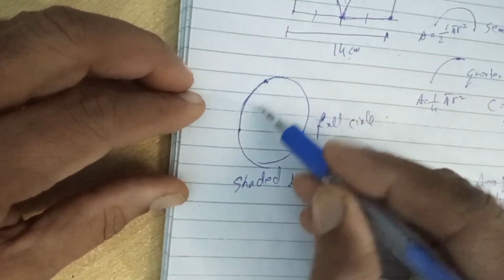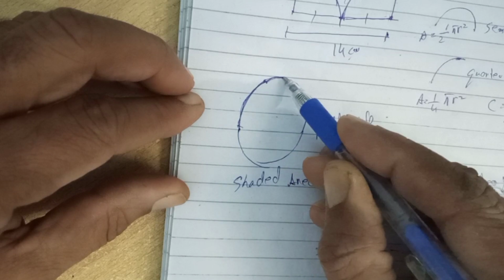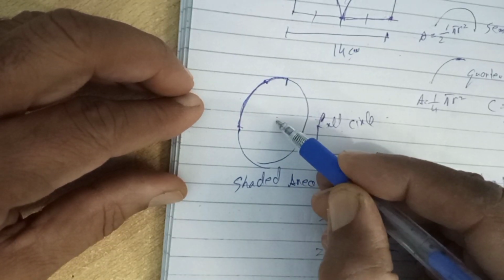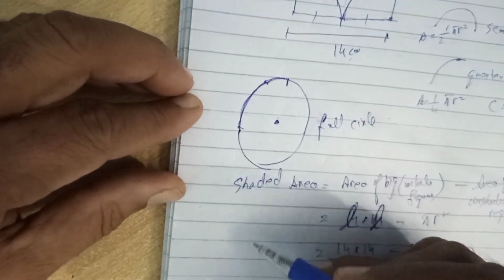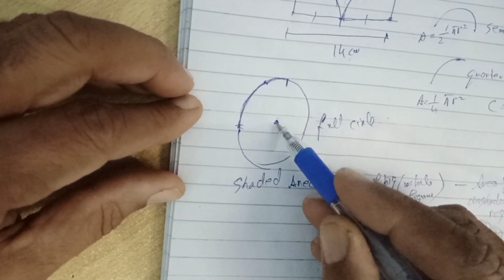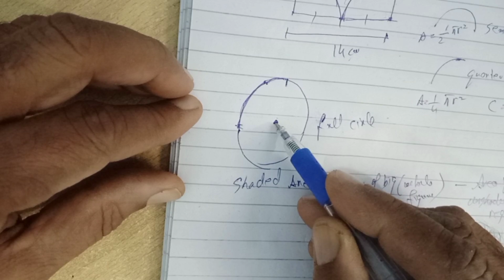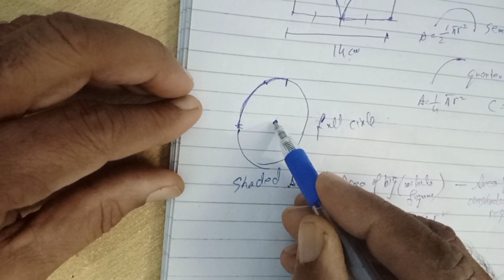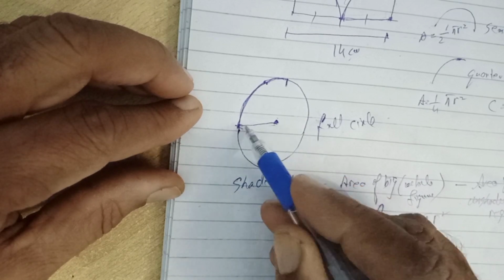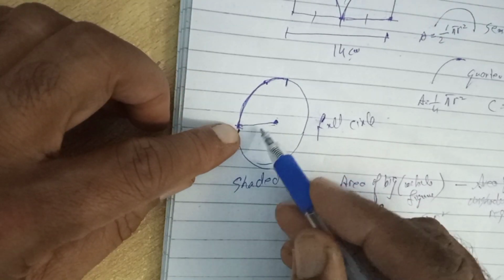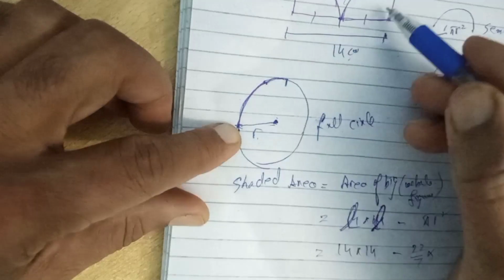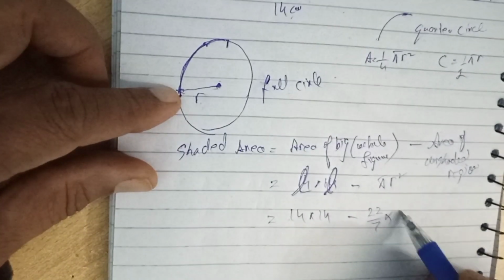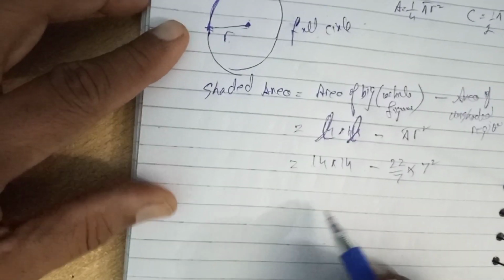If I show the center of this quarter circle over here, the length of the path from the center of the circle or quadrant to the boundary is the radius. So the radius here is 7, half of 14. Now I write here 7 square.